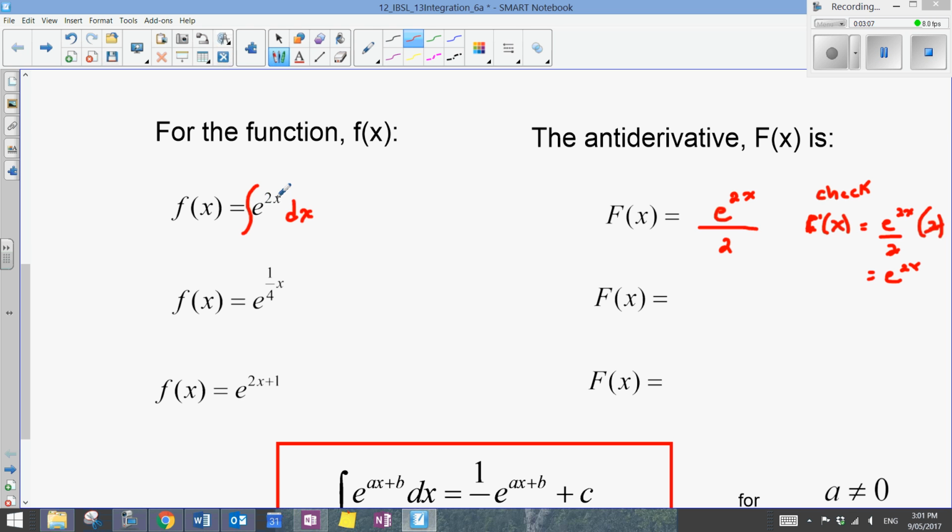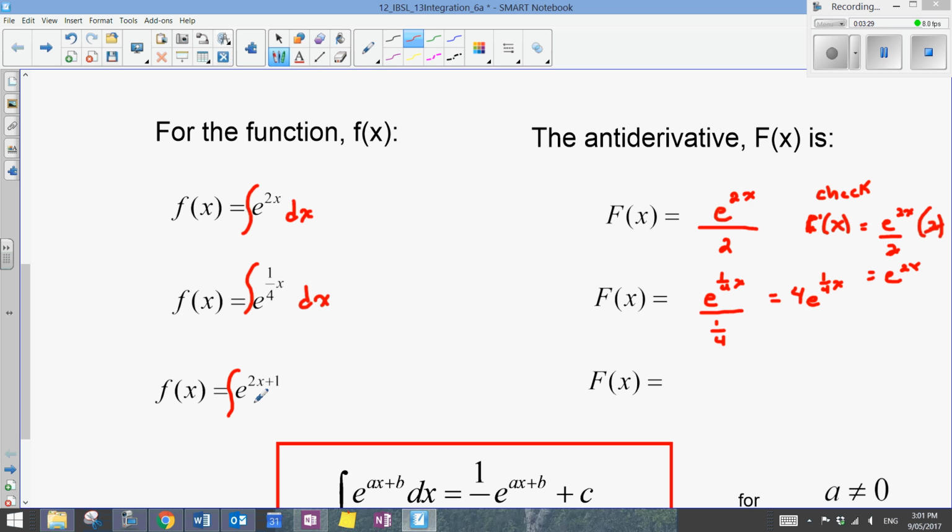So reversing the process of differentiating, again, if we take the integral of e to the 1/4 x, we will get e to the 1/4 x divided by 1/4, and when we divide by a fraction, we multiply by the reciprocal, so we'll end up with 4e to the 1/4 x.